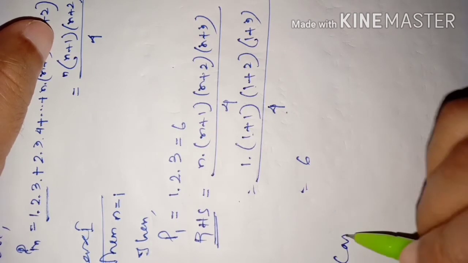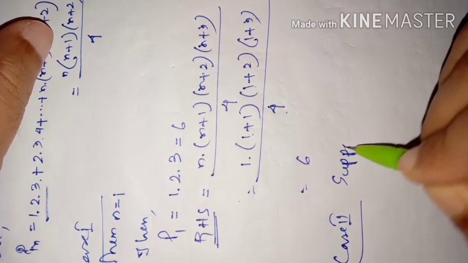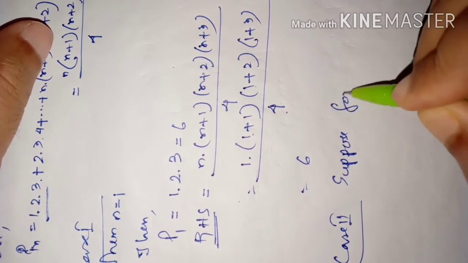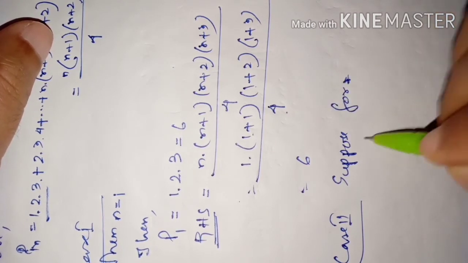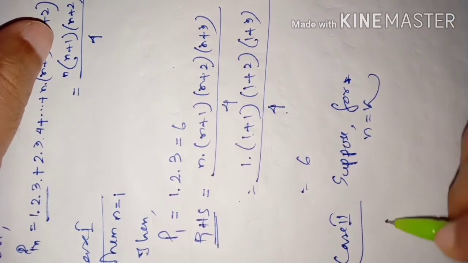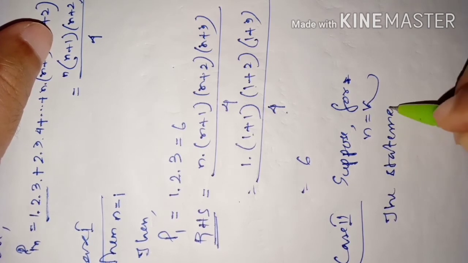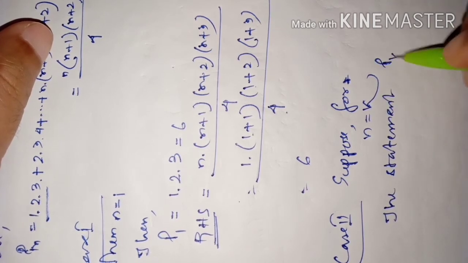Now case 2 is always for k. Suppose for n equal to k, the statement Pk is true.